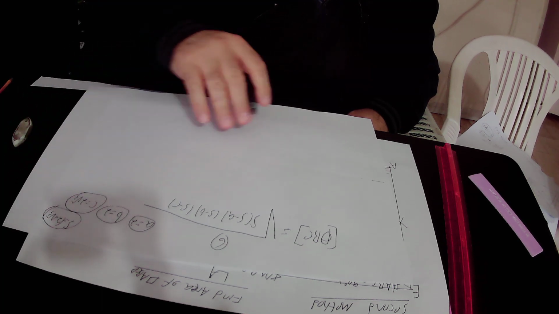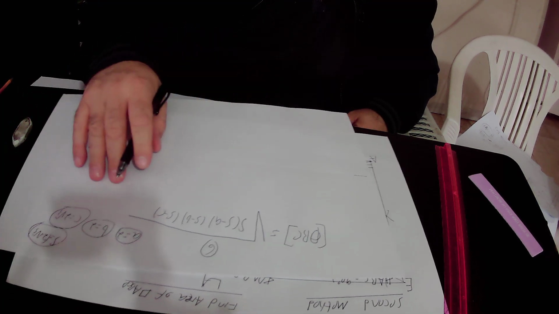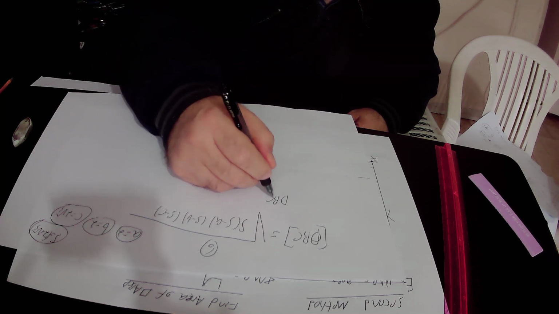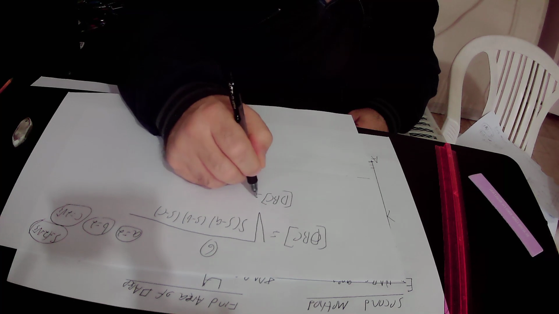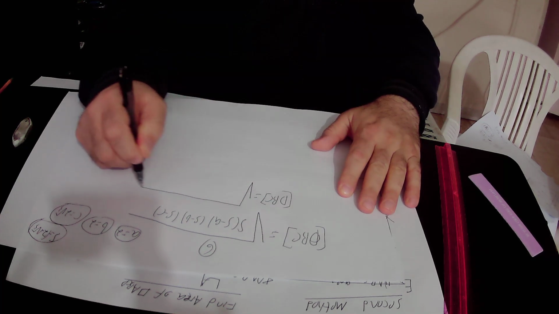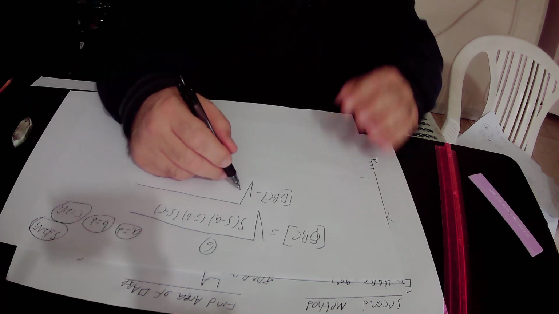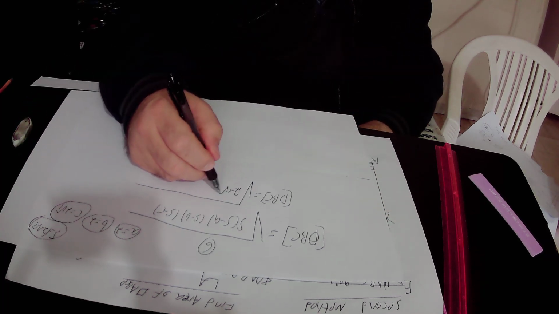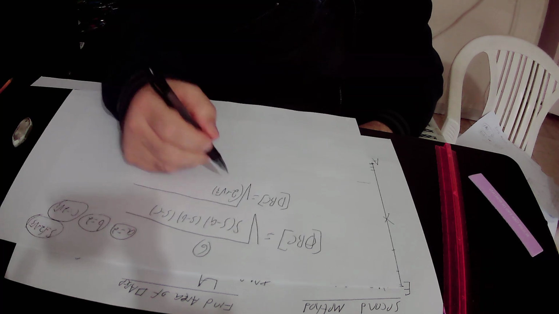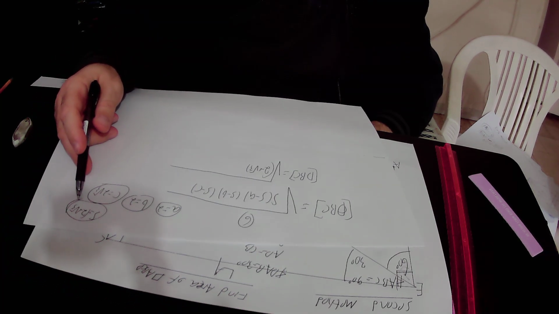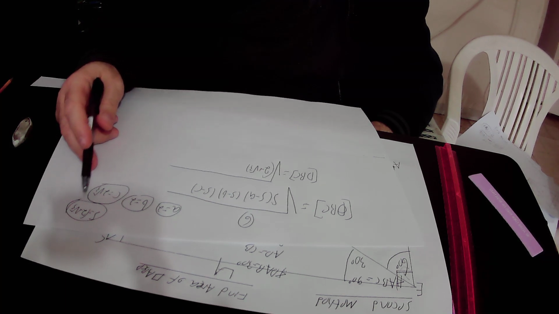So we will put all the data inside this equation, and we will get that the area of triangle DBC will be equal to the square root of S, which is 2 plus square root of 3, 2 plus square root of 3. S minus A is 2 plus square root of 3 minus 2, which is square root of 3.